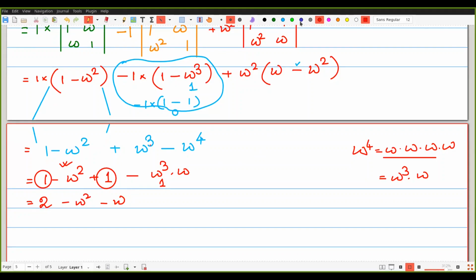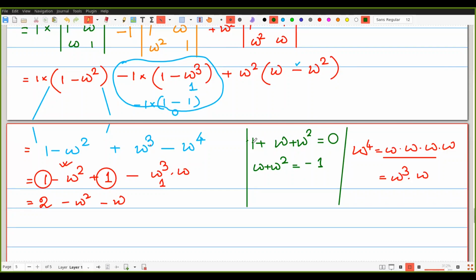So now the result is 2 minus omega square minus omega. Now we already know that 1 plus omega plus omega square is equal to 0. So omega plus omega square can be written as minus 1.